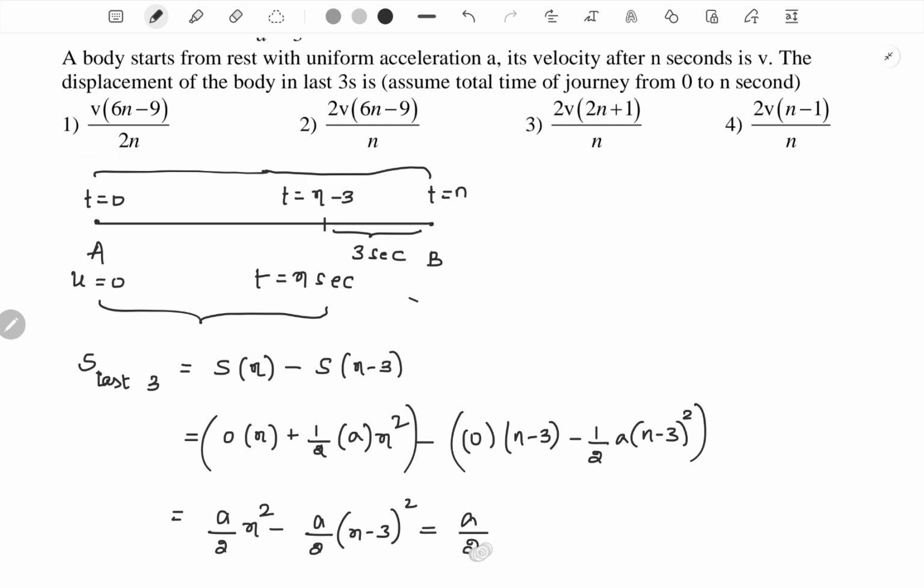So a by 2 of n square minus n minus 3 whole square would come out as 6n minus 9.